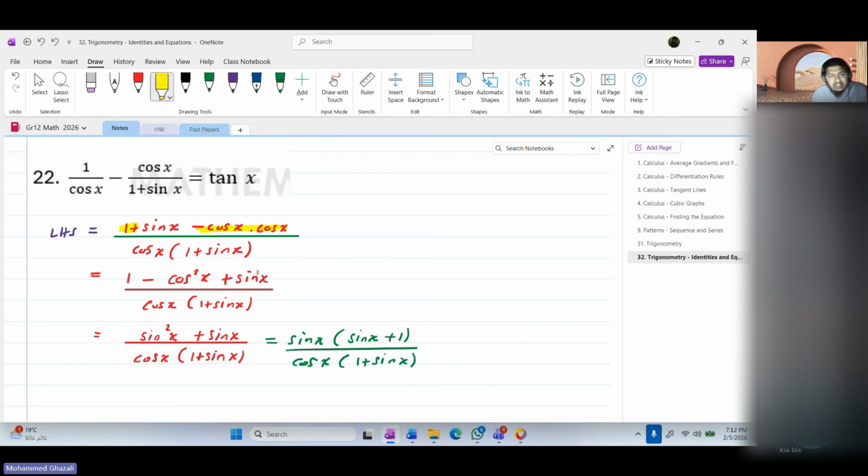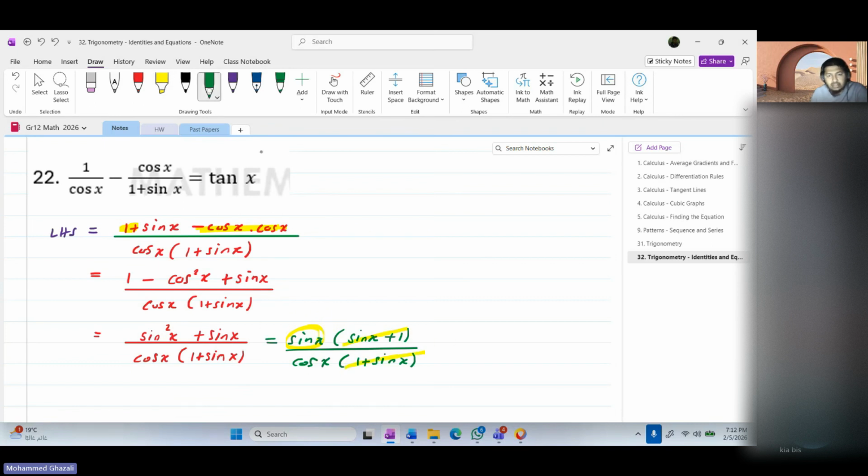Remember we are factorizing the top, so sine squared x plus sine x, sine x is common to both. So you took out 1 sine x, HCF. So sine squared divided by sine x is sine x, and sine x divided by sine x is 1. So that 1 plus sine x and that 1 plus sine x cancel out.